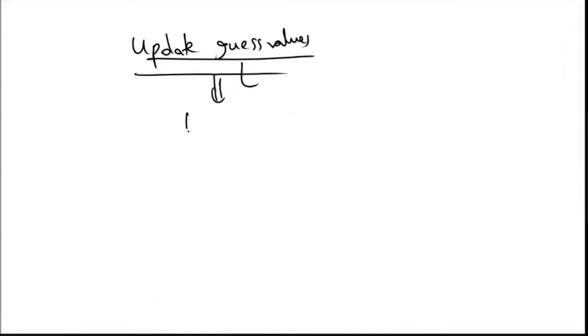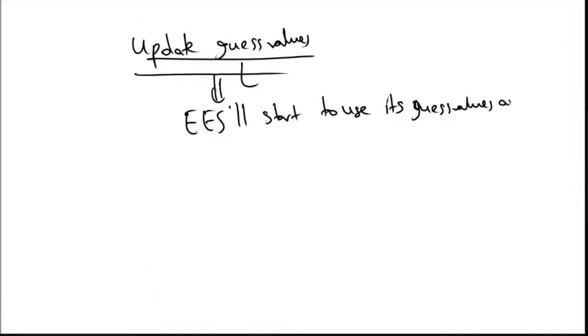EES will start to use its guess values as 0. But if I update guess values, EES will not start using its guess values as 0. It will start to use guess values as recent values.